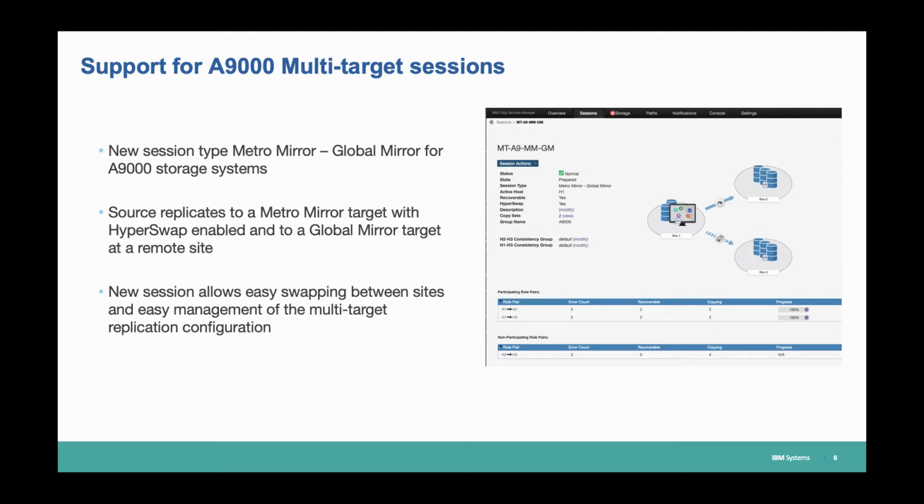And then from that same source volume, replicate in a Global Mirror fashion to a remote site. So CSM, we have lots of experience with three-sided, four-sided solutions with DS8000. Well, we pulled in A9000 now, and now for multi-target MMGM session types, you can specify A9000 devices, and we'll support it that way. So let me jump into a demo here as well.